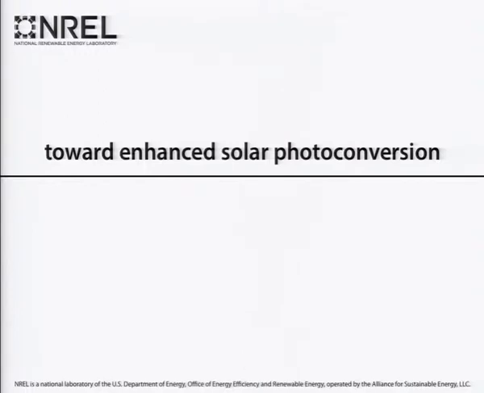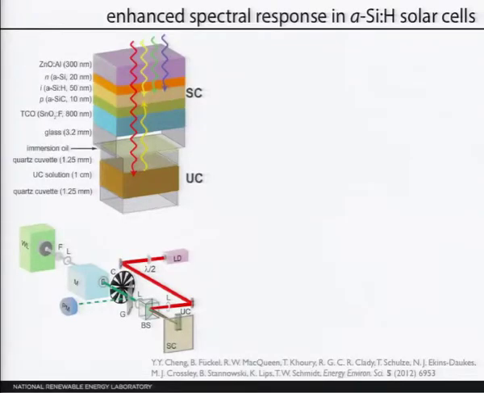So after giving you the overview of upconversion and what its potential might be, I'm going to show you some of the efforts that have been carried out independently from our group and also within our group towards actually using this for enhanced solar photoconversion. And so straight away I'll show you some work out of the group in Sydney, where they use a transparent amorphous silicon solar cell.